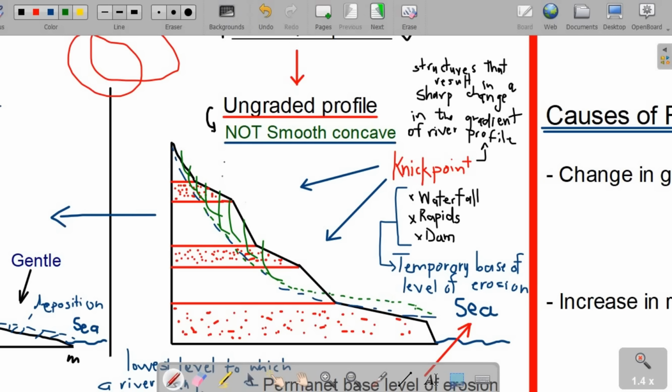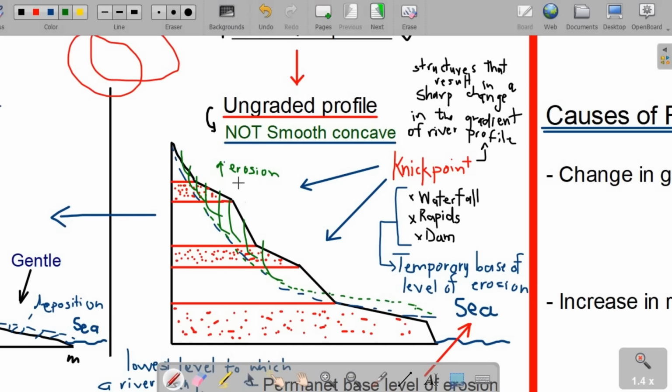So we need to up erosion. There should be more erosion there, and more erosion would lead to more dumping. Ensure that we dump all of that material in the lower course and it doesn't get stuck in the middle course, so that will give you that smooth concave profile.